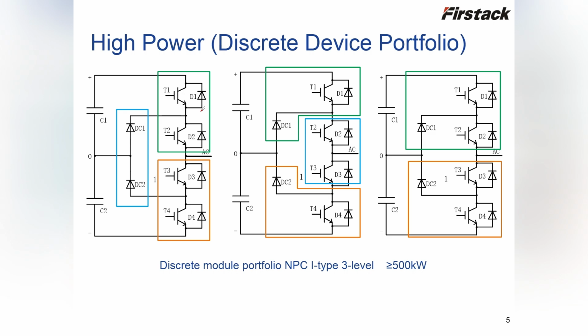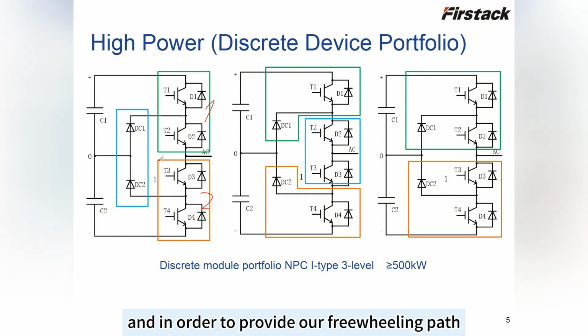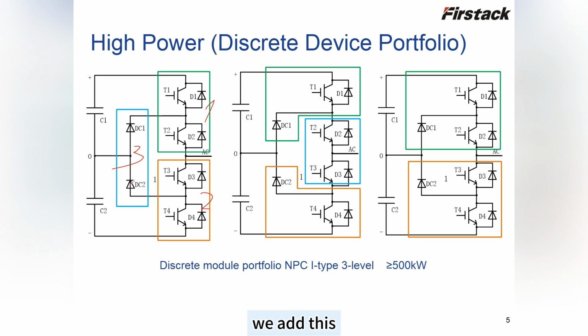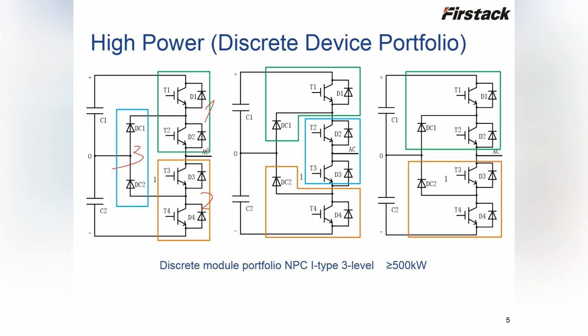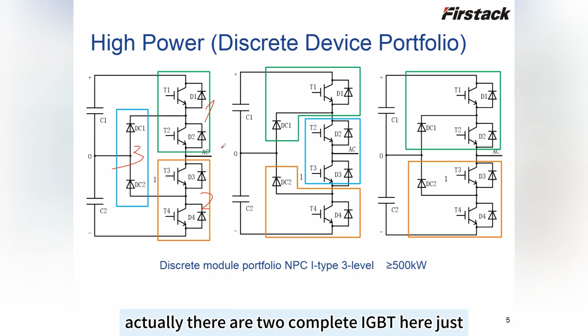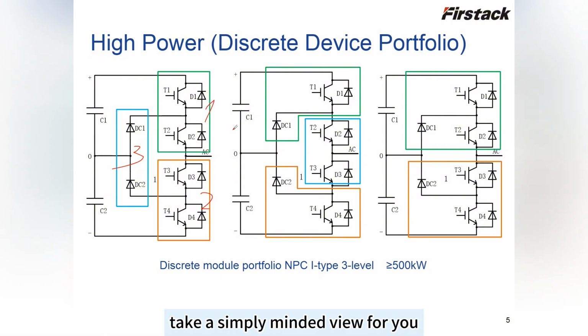Therefore, it is just like we connect 2 single modules together. And in order to provide a freewheeling path, we add this extra half bridge on the left. In this blue area, the topology shows only these 2 diodes, DC1 and DC2, but actually there are 2 complete IGBTs here. It is just a simplified view for you.